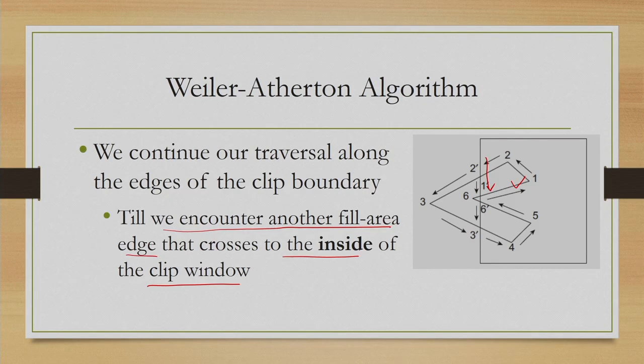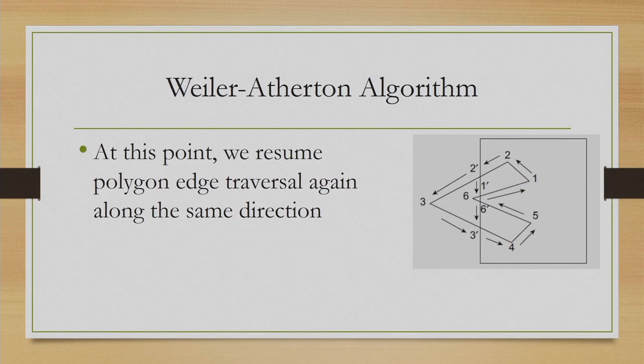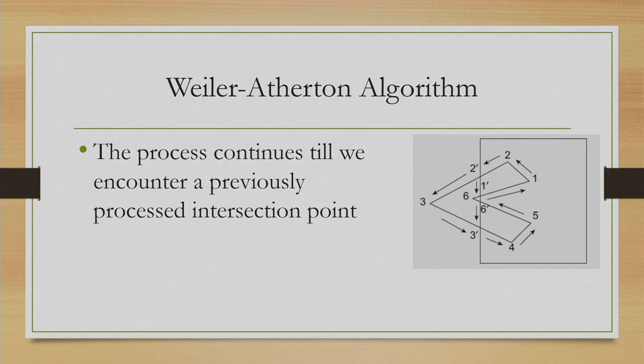At that point what do we do? We resume the polygon edge traversal again along the same direction. So, we stop here and then again continue along the same direction till we encounter a previously processed intersection point.